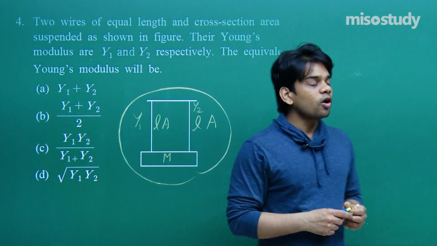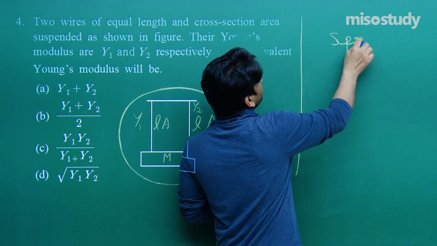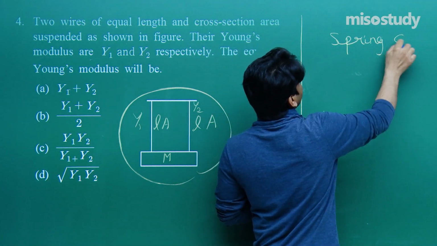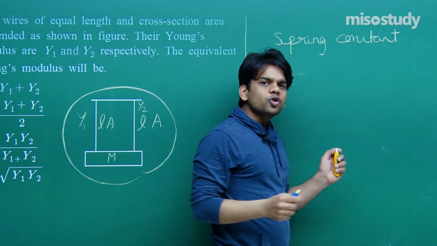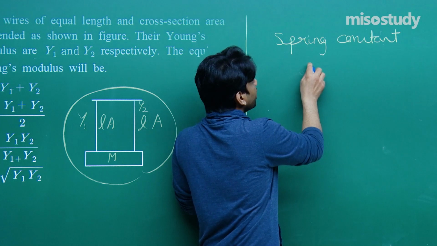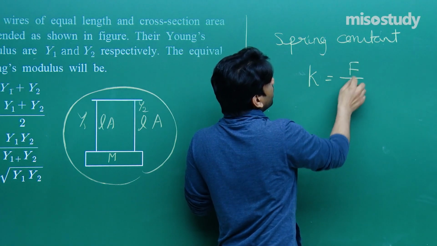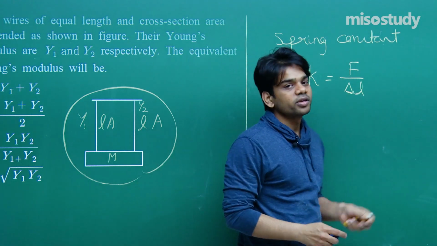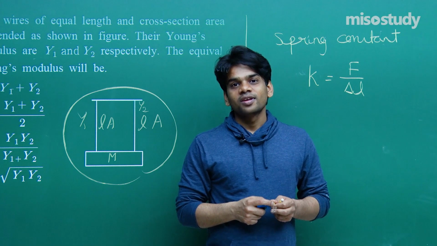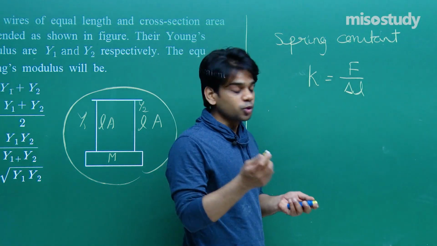Now see here, in case of spring constant, we know that F is equal to Kx, so we can straightway write spring constant K is equal to F by delta L. Now I will show you the figure separately so that you can identify how to proceed.